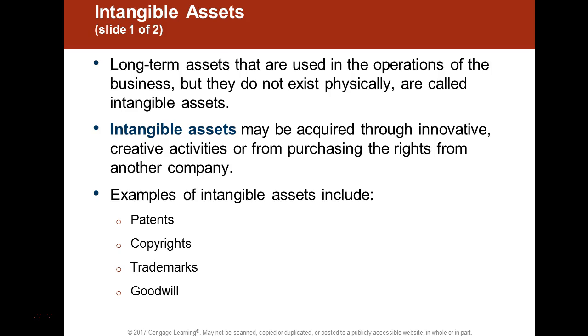If it has lost value, then you'll adjust that asset downward. The same is true for land, but goodwill and land are not allocated. The cost is not allocated over a period of time because it doesn't have a life. It has no life. It's kind of indefinite.